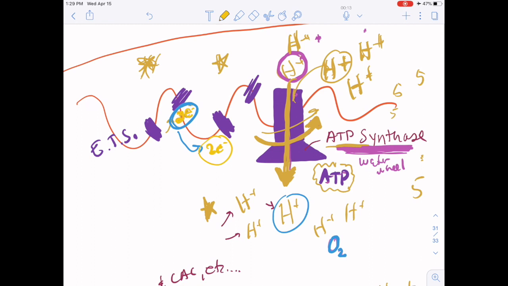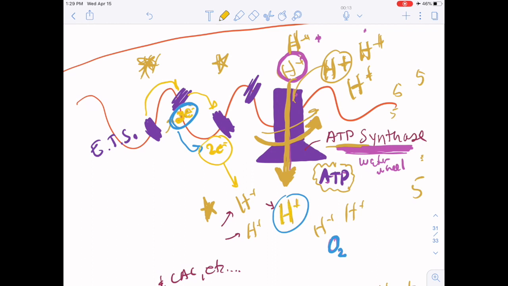The electrons are like, hey, proton, where have you been? And the proton's like, oh, I did this great little chemiosmosis diffusion dance thing here and made a whole bunch of ATP for the cell. What have you been up to? And they're like, well, I've just been bounced around from protein to protein over here, playing hot potato, waiting for you to get back. And oxygen's like, I'll take you both on, okay?